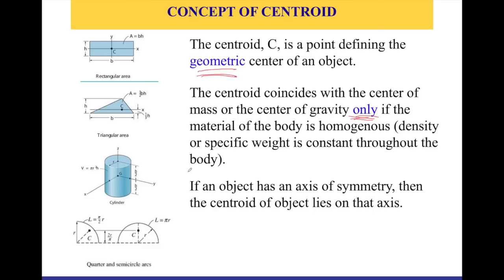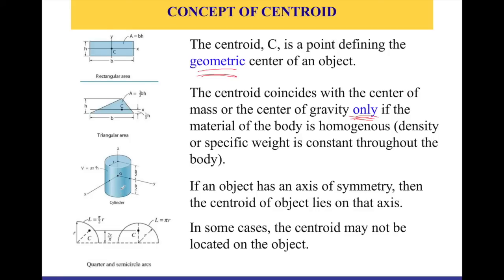If an object has an axis of symmetry, then the centroid of the object lies on that axis. So if you look at this cylinder here, that volume, we know that we have an axis of symmetry around the z-axis. So our center, or the centroid, is going to be located along that line. Another concept of the centroid is that in some cases the centroid may not be located on an object.